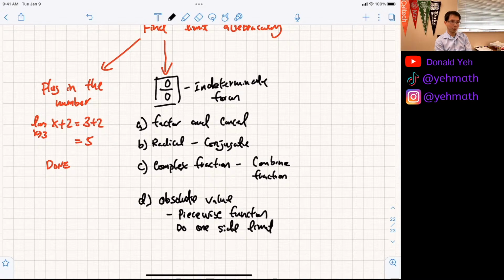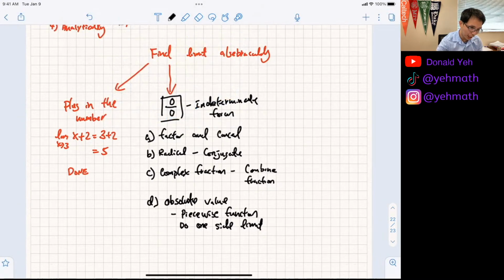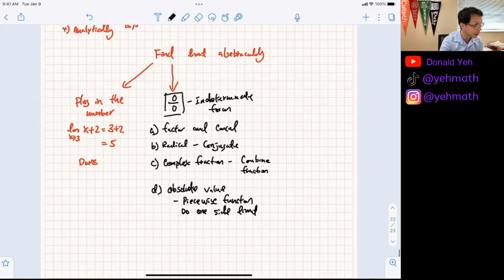Okay, so there are 4 situations that can occur if you have 0 over 0. Now, this is just a big picture. For the next 3 days, we're going to keep coming back to this picture.